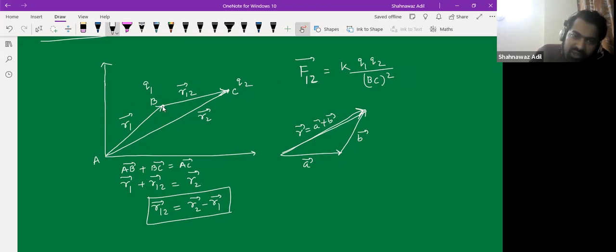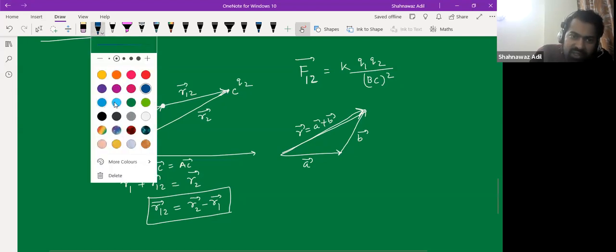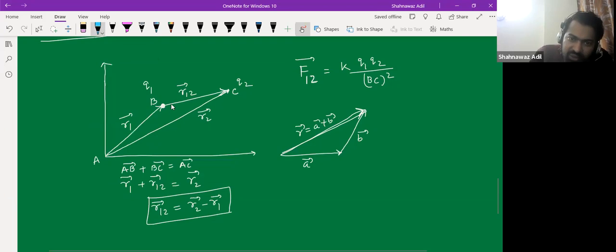I'm calculating the force on this charge due to this charge. So what would be the direction? This is quite important and we have discussed this so many times. Will it be this way or this way?